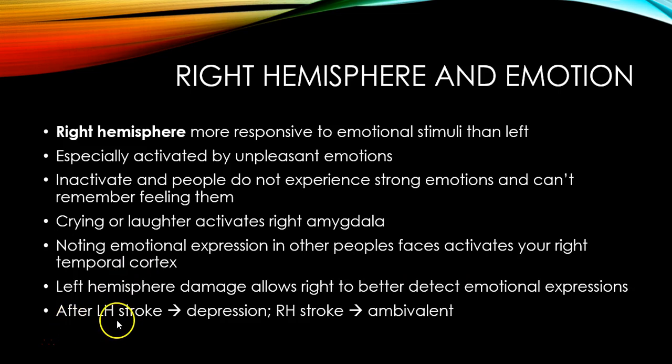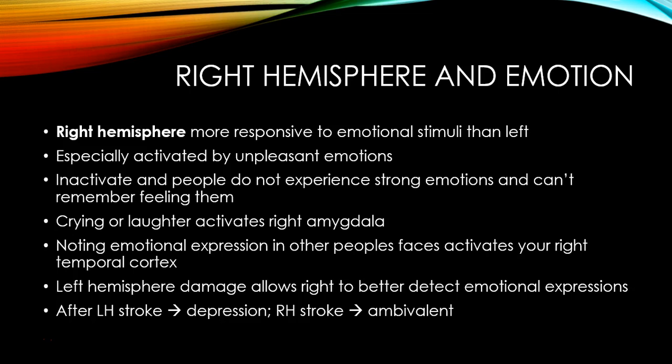So after a left hemisphere stroke, your left hemisphere is damaged, your right hemisphere, your very emotional hemisphere, is still working. That very often leads to depression, because after a left hemisphere stroke, typically a person is left with quite a bit of perhaps behavioral damage in terms of maybe being paralyzed or having weakness on one side, maybe having difficulty with language.